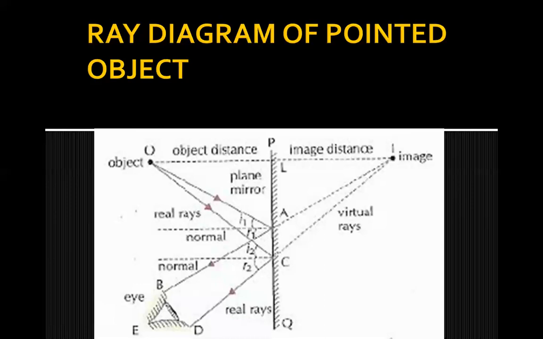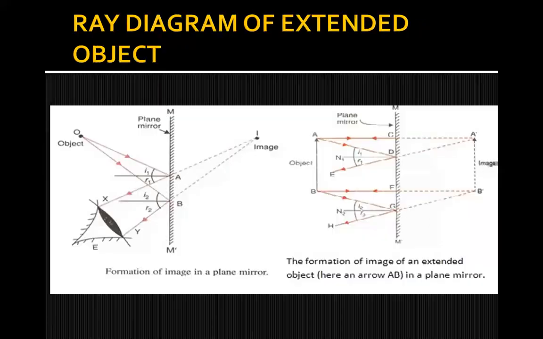You have to do written practice of it, and it's an important task for you that you draw these ray diagrams, including those in this chapter, in your neat copies. I will give it as an assignment to you this week. Okay, now this is a comparison of the ray diagrams of an extended object with the pointed object.